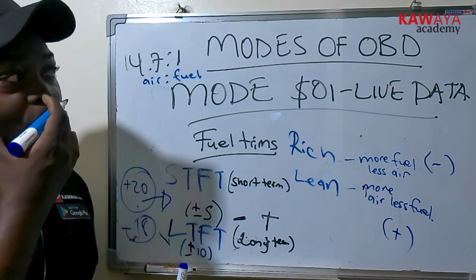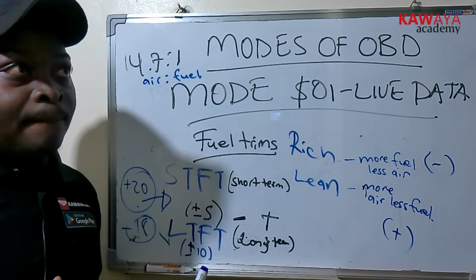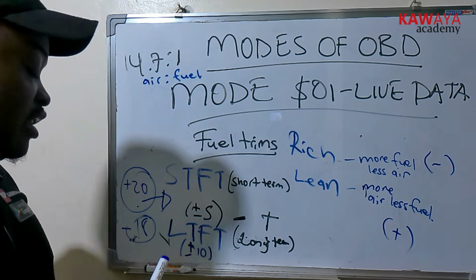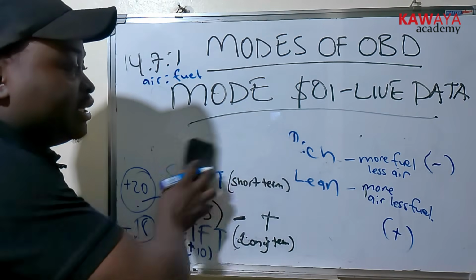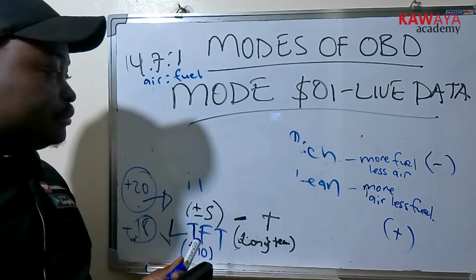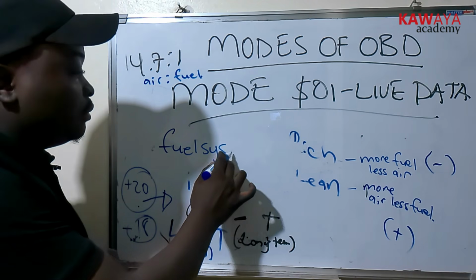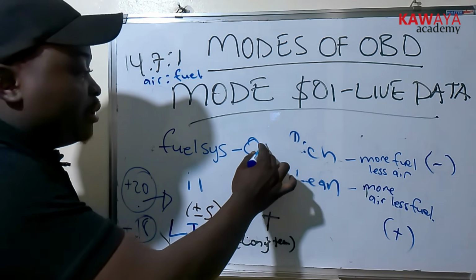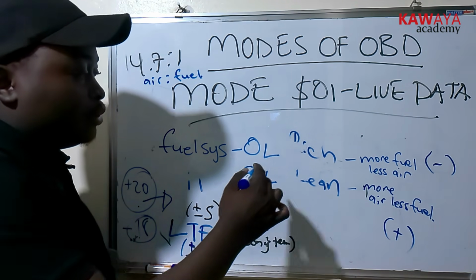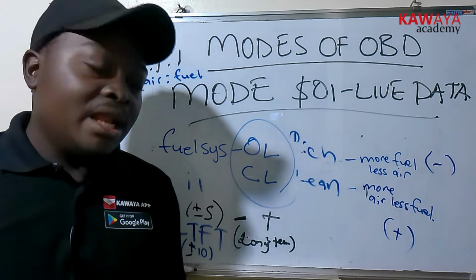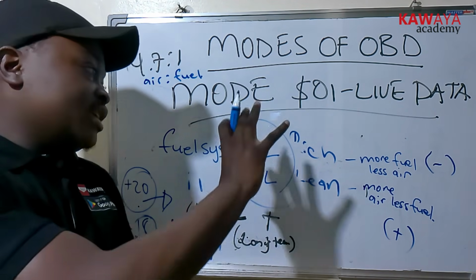Another thing I should talk about with the fuel system is a closed loop and an open loop. This is also something that you're going to usually see in live data, fuel system, either it is in open loop or in closed loop. So what do these two mean? Now, like I've shown you this trimming here.